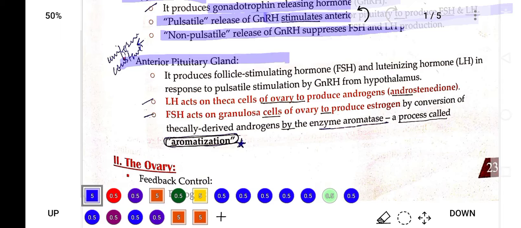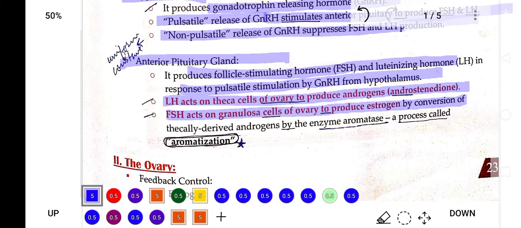When the anterior pituitary gland produces FSH and LH in response to pulsatile GnRH stimulation, LH acts on the theca cells of the ovary and produces androgen, and FSH acts on the granulosa cells of the ovary to produce estrogen. So in this way, FSH and LH stimulate the production of androgen and estrogen.